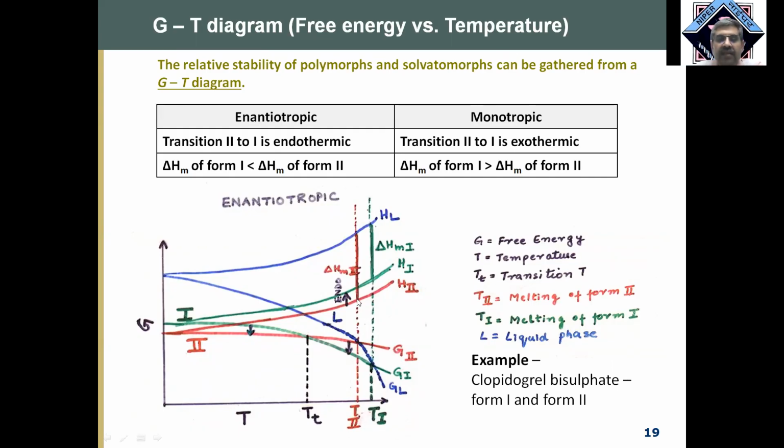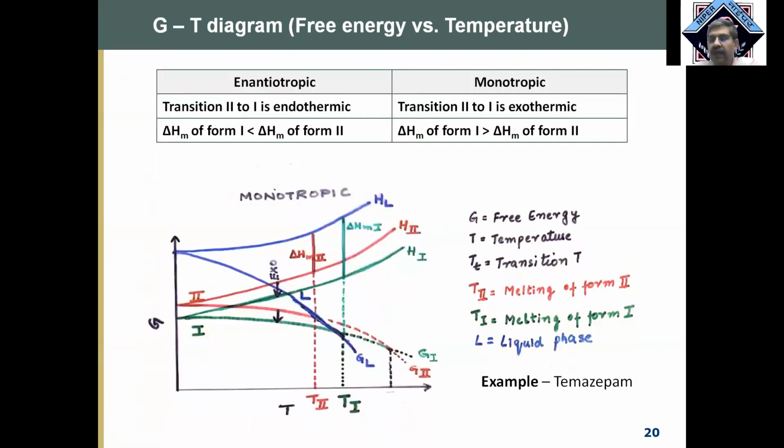As is clearly seen in this case, delta Hm2 is greater than delta Hm1. That is what is written here, that the delta Hm of form 1 is less than delta Hm of form 2. So this is the explanation for the enantiotropic system based on the phase diagrams of the two polymorphic forms. An example of such a system is clopidogrel bisulfate form 1 and form 2.